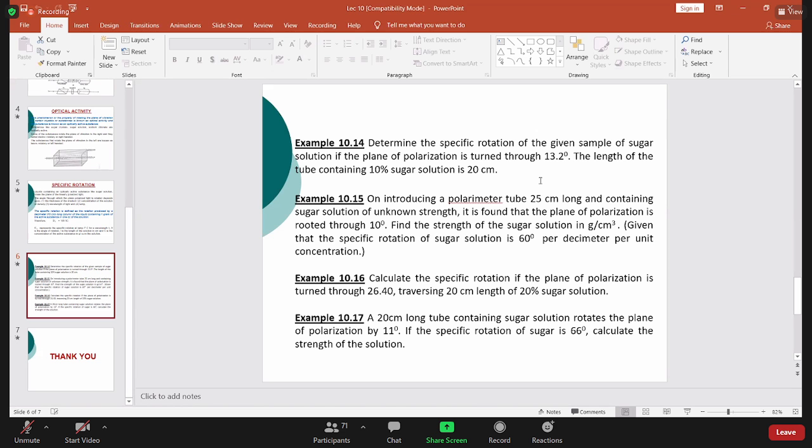Now calculate and determine the specific rotation. Find the value of S. 66. What is the unit? Unit in degree. 66 degree, yes, 66 degree.